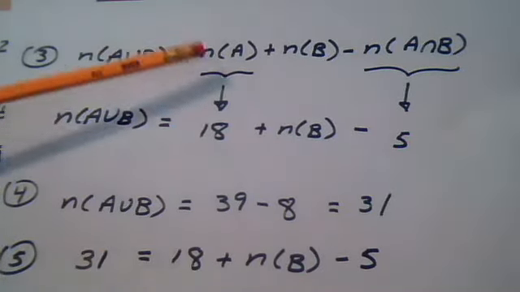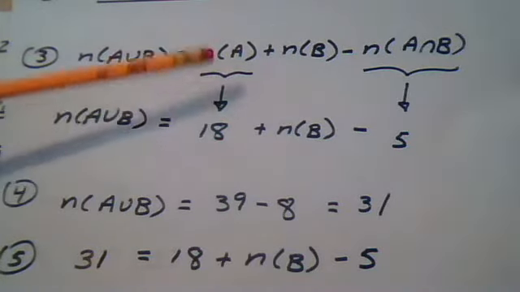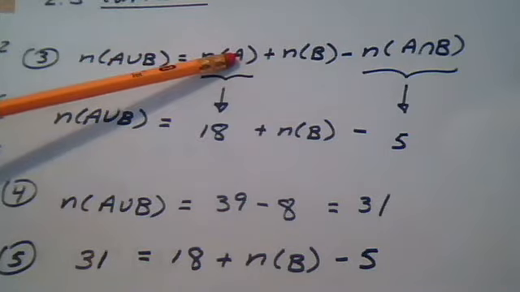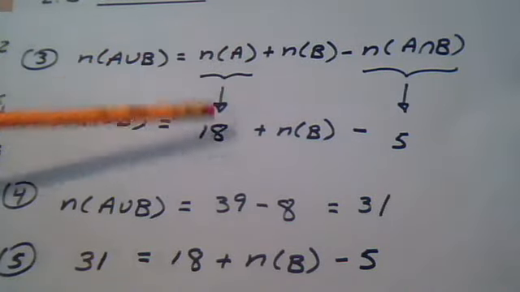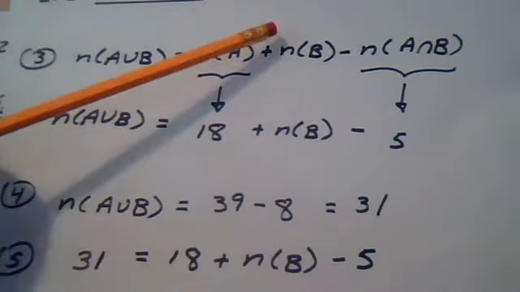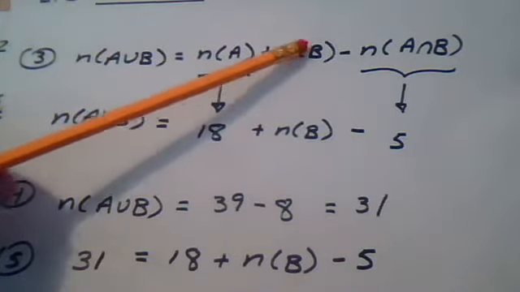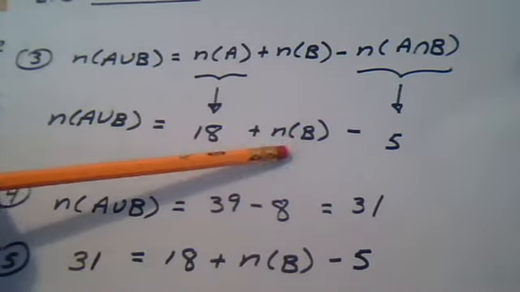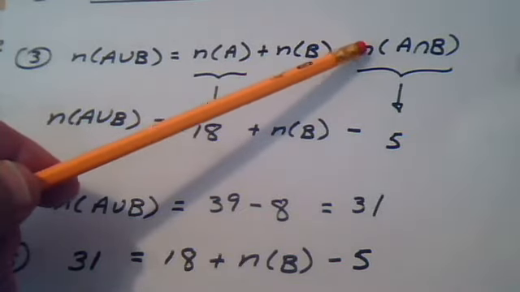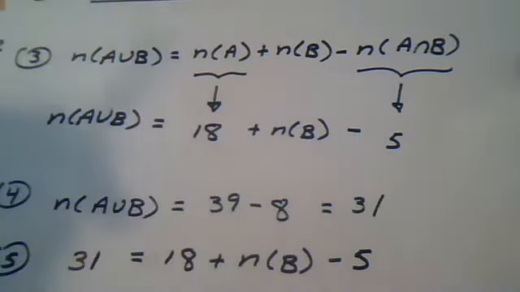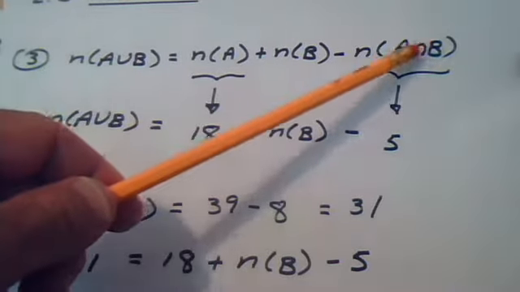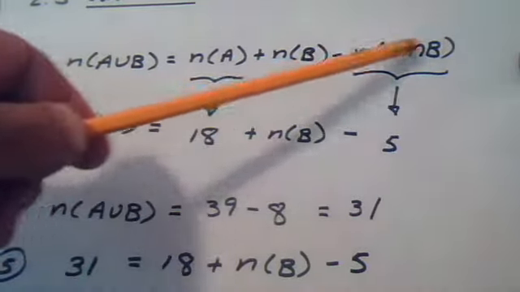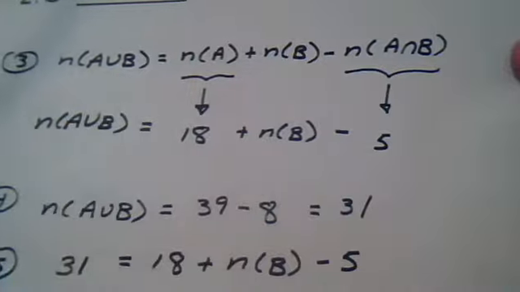But we know that there are 18 that go in the math group. So this is replaced with an 18. We don't know how many are in the chemistry group, which is the B group. So we leave this one alone. They did tell us that there were 5 out of the 39 that were in math and chemistry. So this symbol is replaced with a 5.